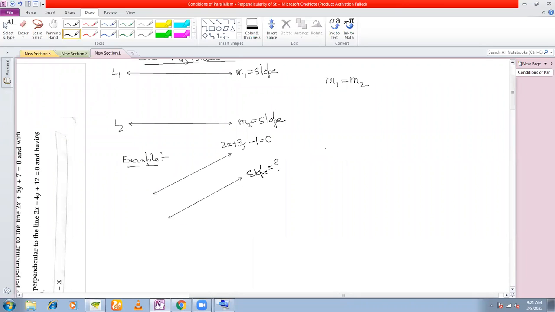First line, let's call this line L1, and let's call this line L2. Given the equation of L1, you have to find out the slope of L2.